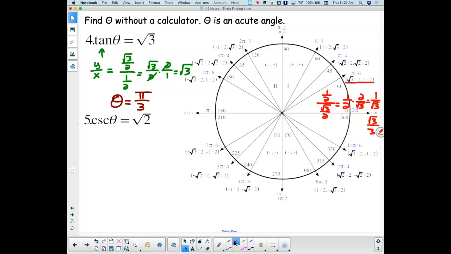Which isn't that one, so it's got to be the other one. See what I'm saying there? Okay? Cosecant, square root of 2. Which 4 can I throw out?